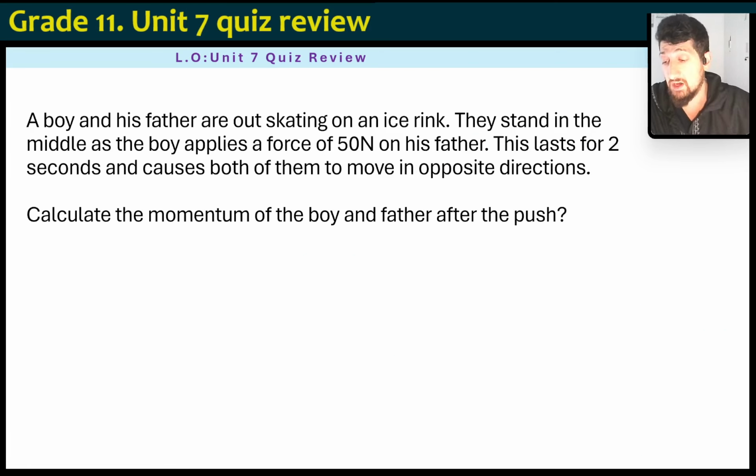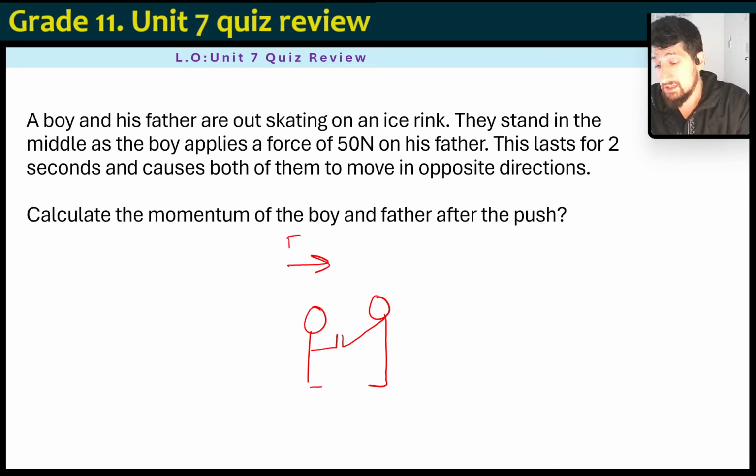A boy and his father are on a skating rink. Once again, why are we using an icy skating rink? Because we're trying to ignore all sorts of friction. They stand in the middle as the boy applies a force of 50 newtons on his father. So of course, this has to do with Newton's laws.